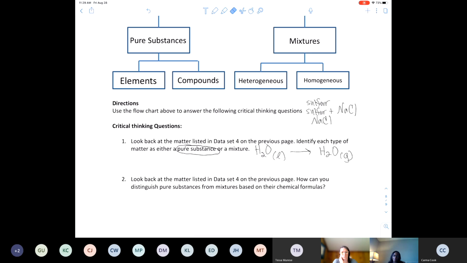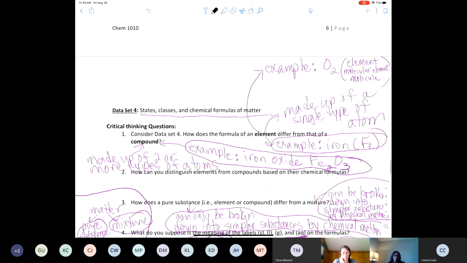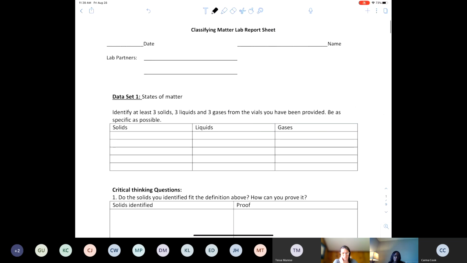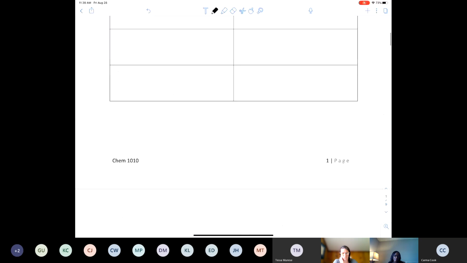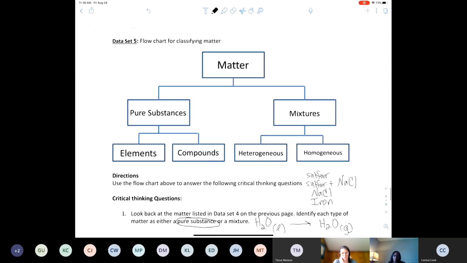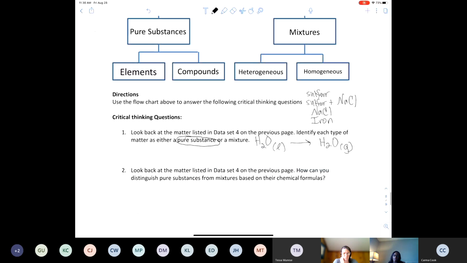Then we also had iron. And there was one more substance. I erased that. I can't remember what the other one was for the solids.